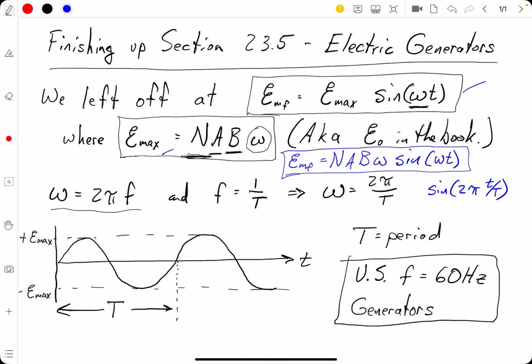It's the time it takes for one cycle to happen in our generator.